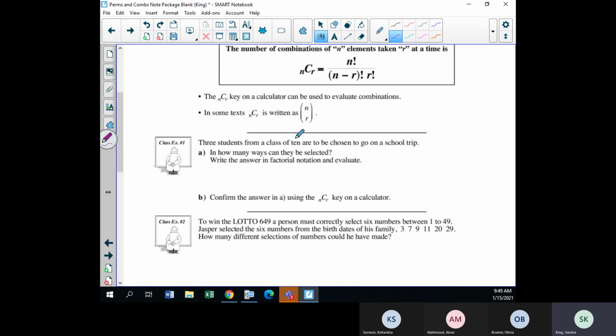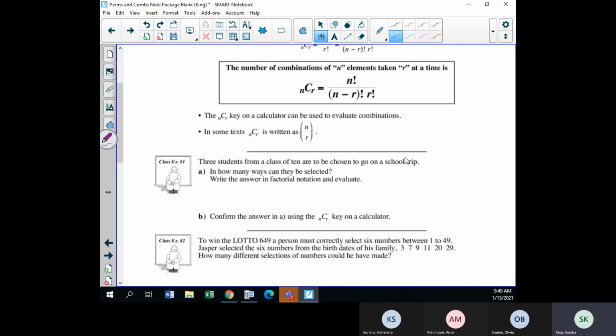It doesn't matter the order that I choose the 3 in. Let's say in this class here, these 3 kids get chosen to go on a trip. It doesn't matter if I pick Angel first, then Renee, then Kyle, right? It's these 3 that are chosen. So order does not matter.